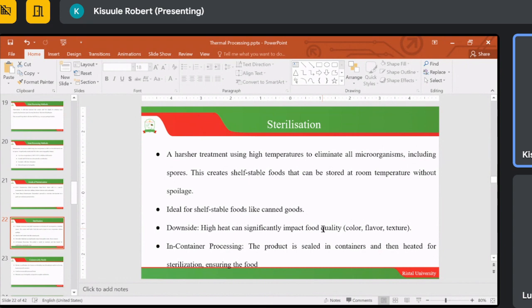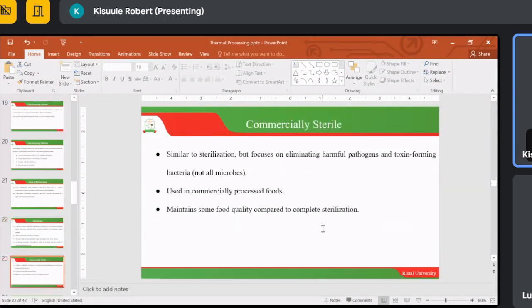We are saying it is ideal for shelf stable foods like canned goods, but its downside is that high heat can significantly impact the food quality in terms of the color, the flavor, and the texture. Also, in container processing, the product is sealed in containers and then heated for sterilization, ensuring that the food will achieve its maximum shelf life.